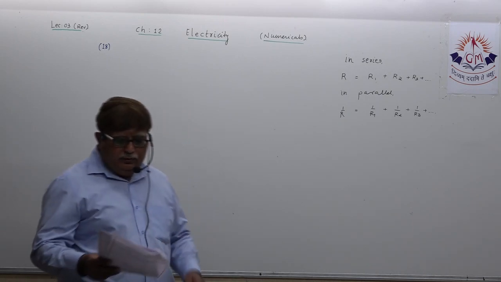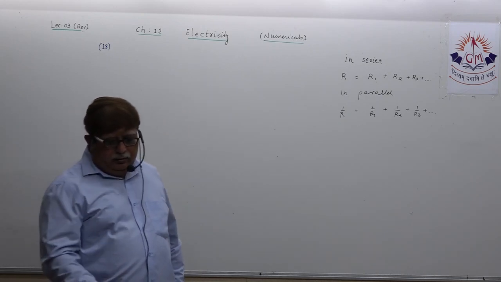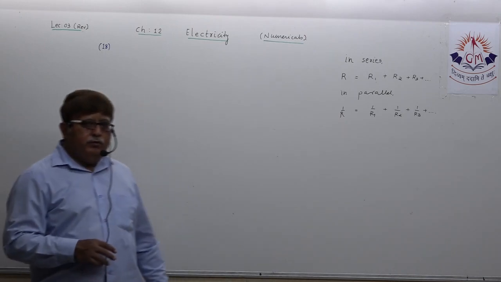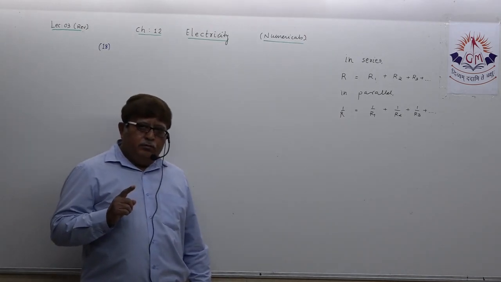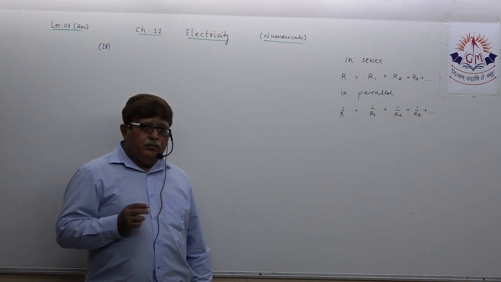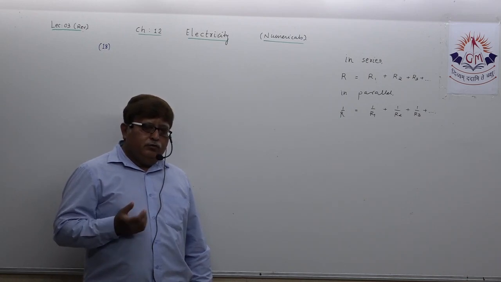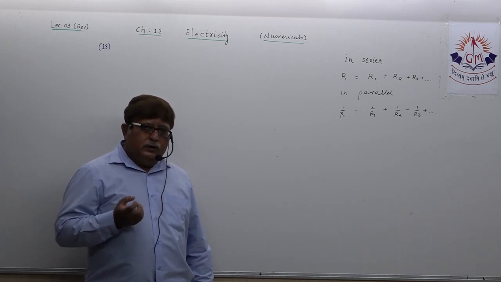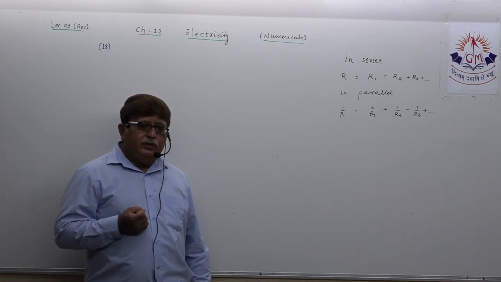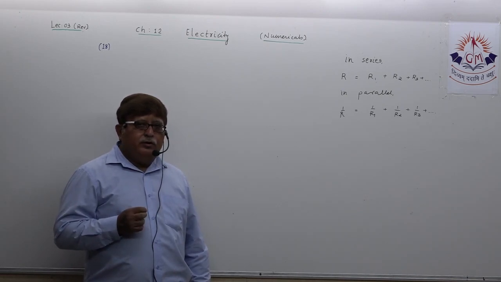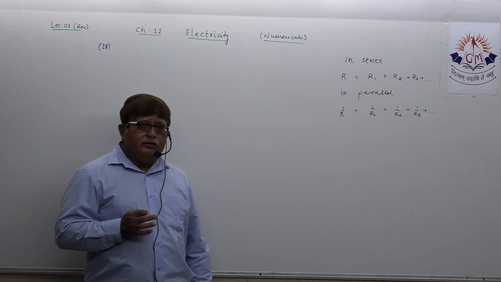Now, dear student, what I need to mention to you is that in the board exam, most probably, so far we have seen in numericals of chapter 12, they will avoid giving you the schematic circuit diagram.